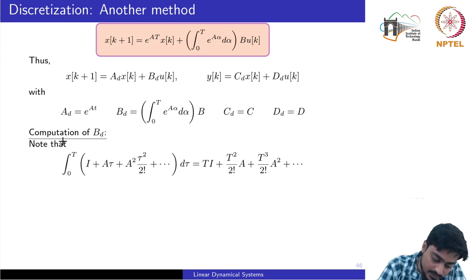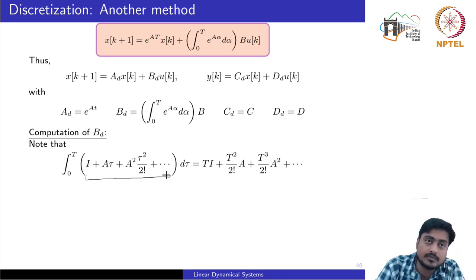So first of all, for the computation of BD, note that given this series, if I take the integral of this series from 0 to t, I can write this one. The first term would be t, then a t square by 2 factorial, and similarly the rest.